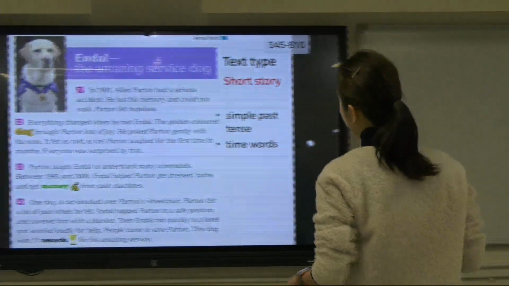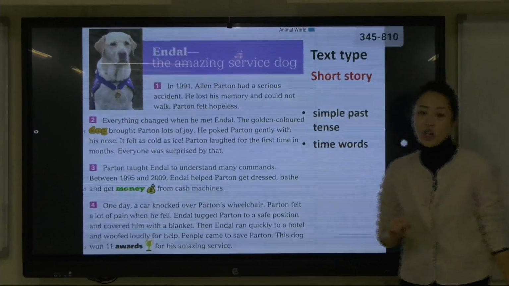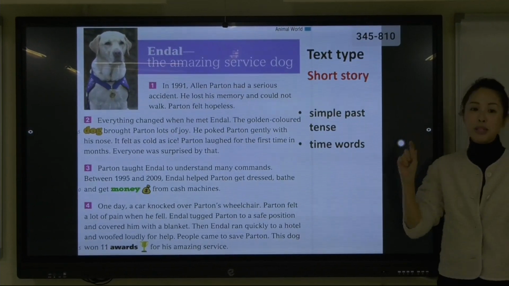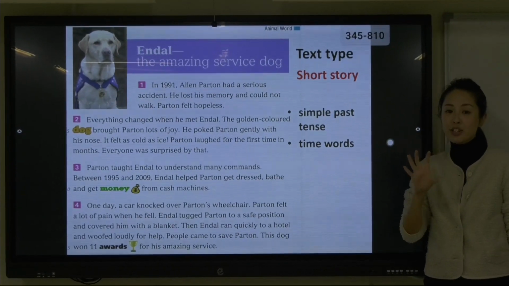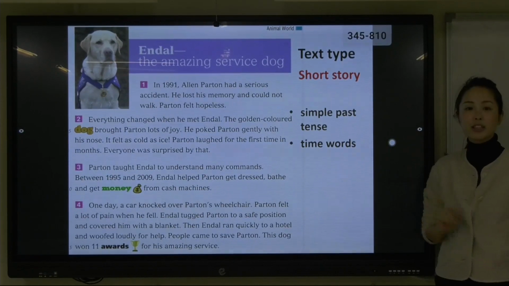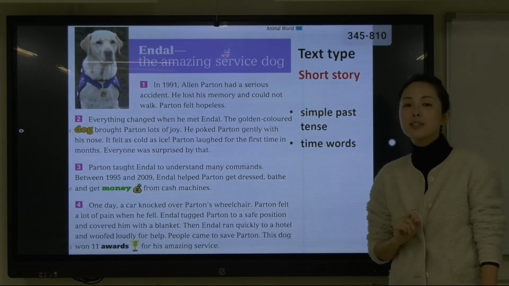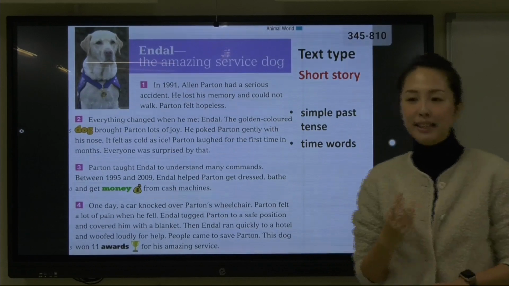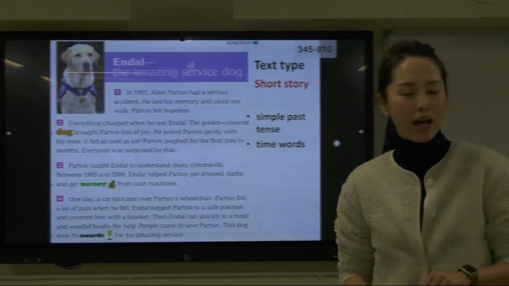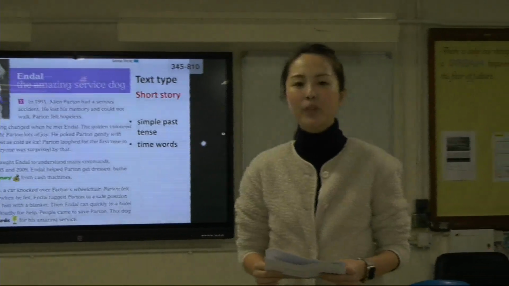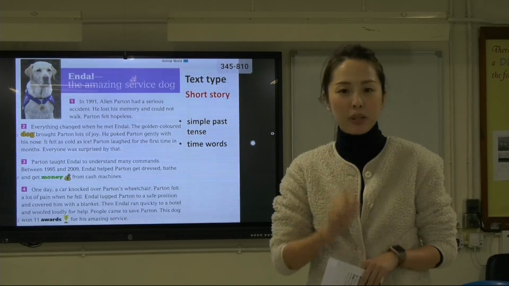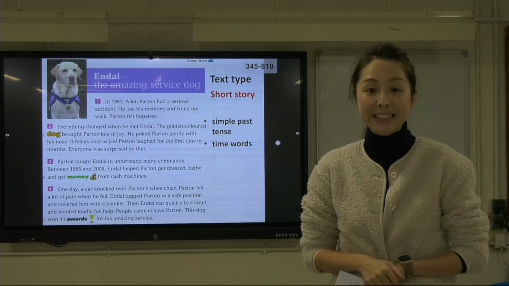So for us, when you write short stories, I want you to pay attention to the tense first. You should use simple past tense. So what is simple past tense? Do you remember? So usually the verbs should plus what? Should plus ed, right?